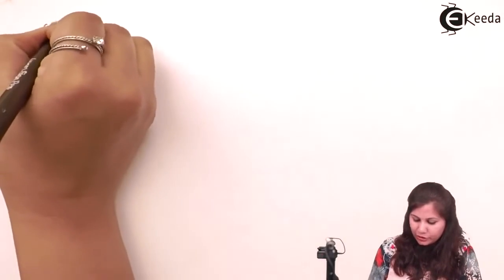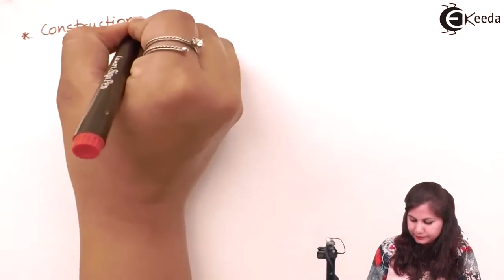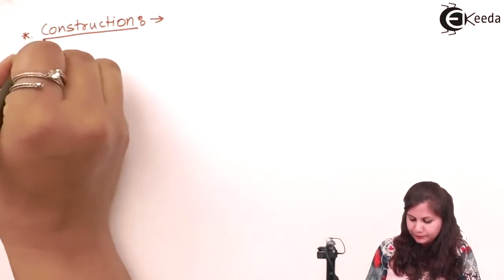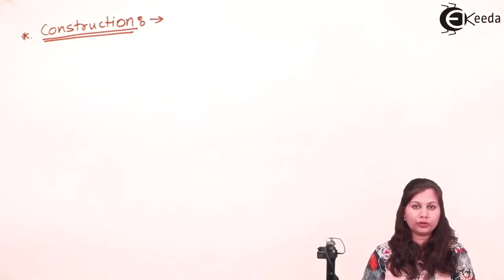Now let's see the construction of rotameters. We have seen here that the rotameter consists of two main parts.